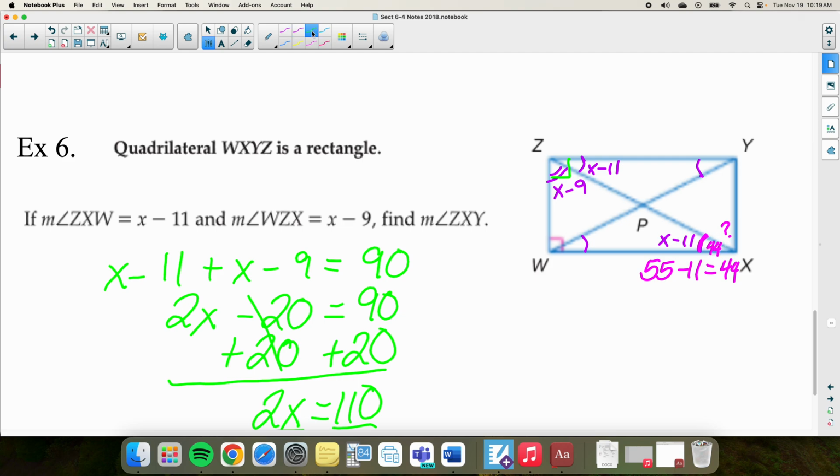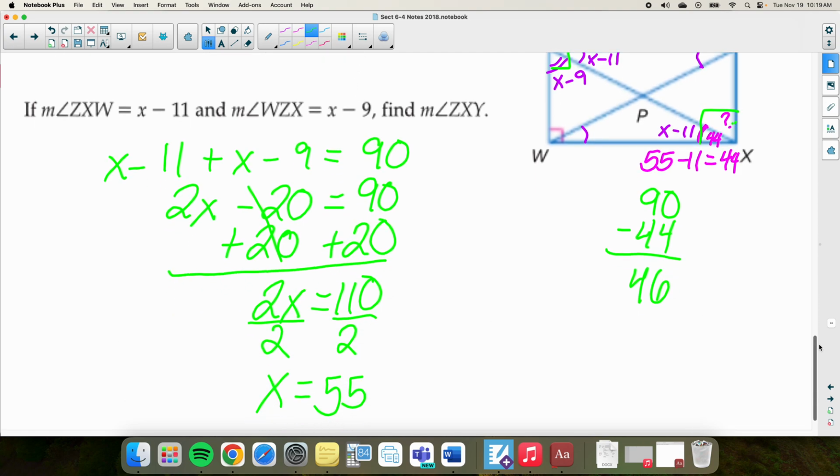And remember, this is a right angle. So if that's 44, the one I'm looking for would be 90 minus 44, which is 46, and that would be the measure of angle ZXY.